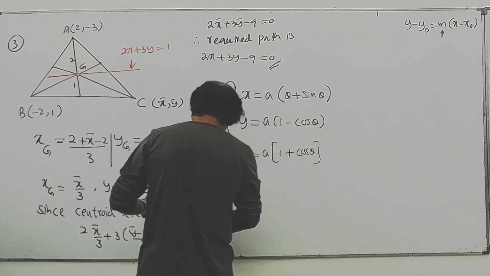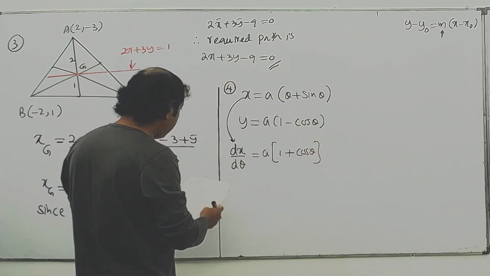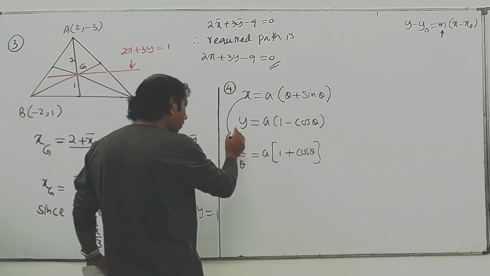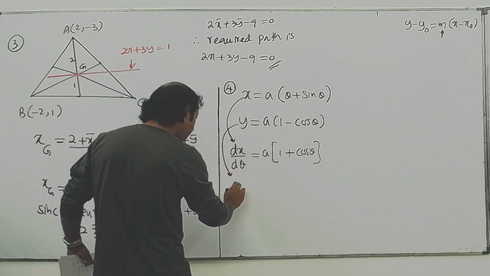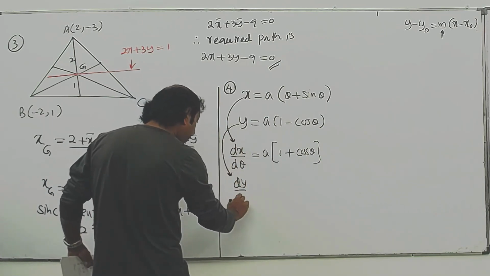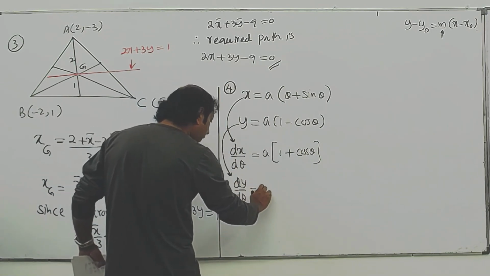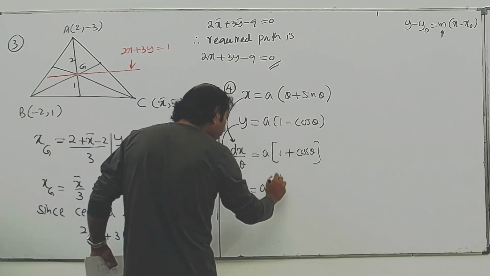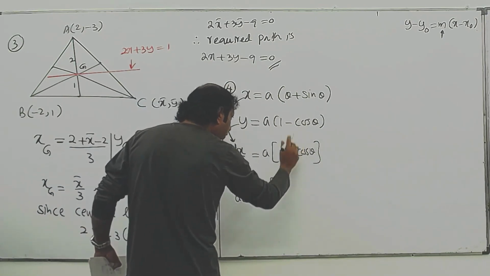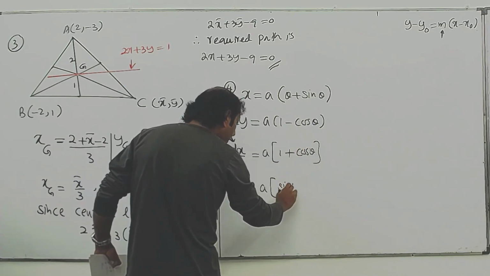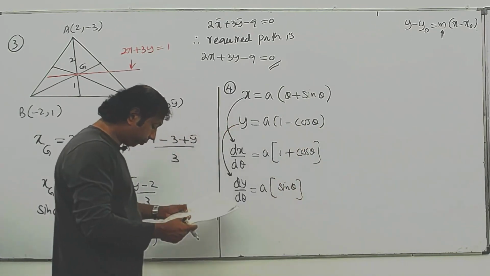Secondly, we differentiate y: dy by d theta is a times, derivative of 1 is 0, derivative of cos theta is minus sin theta, so we get a sin theta.